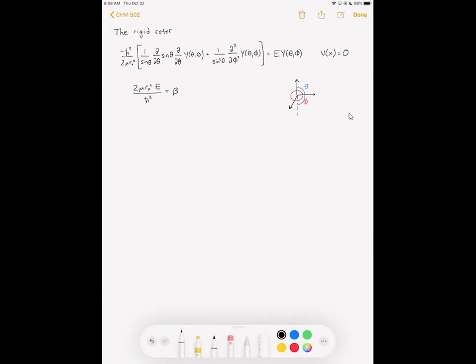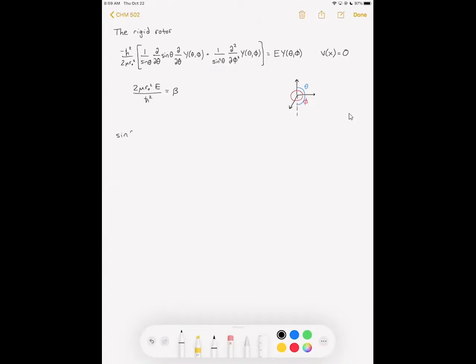And now what we're going to do is multiply both sides of the equation by sine squared theta, which removes that from the denominator. And then we're going to switch the location of this term and this term. That's going to give us some important insights about the nature of this problem. So after we do that, we end up with the following expression.